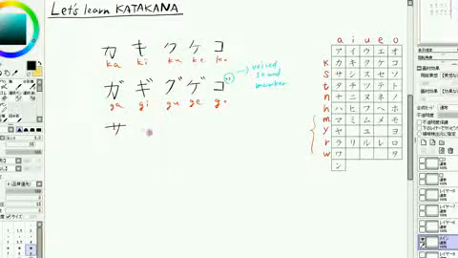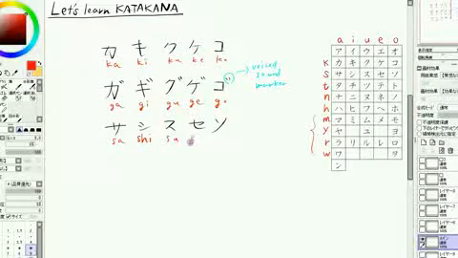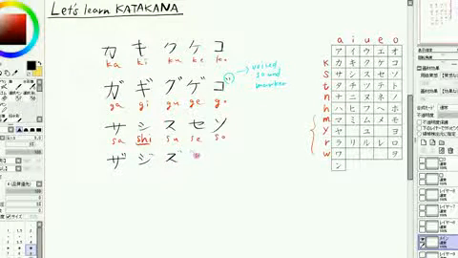So first you write sa, shi, su, se, so. Be careful on this sh. If we put the voiced sound marker, that will be like this, this, this, and this, and this.